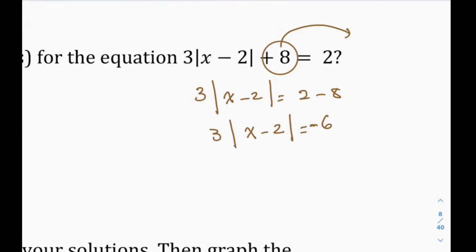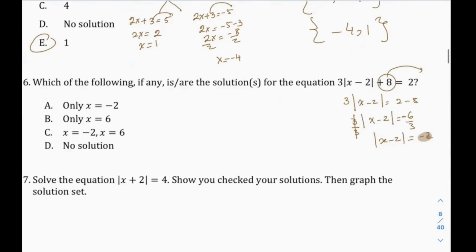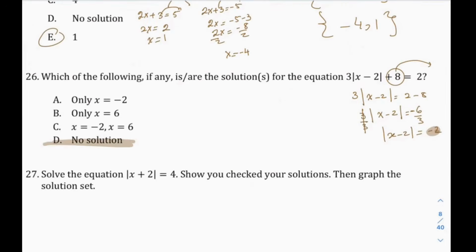And as you see, there is a 3 here multiplied by the absolute value. So absolute value of x minus 3 is minus 2. We end with absolute value equals negative number, which is not acceptable. So don't continue, just choose no solution.